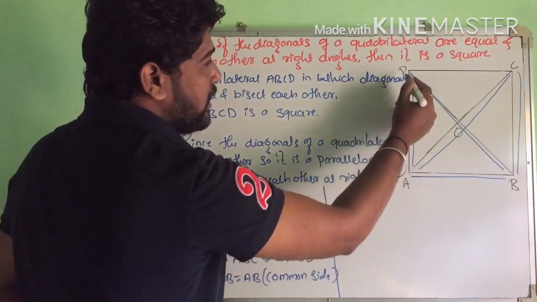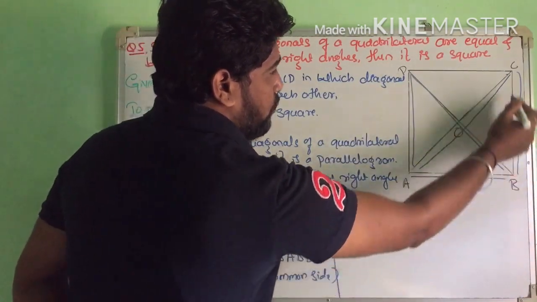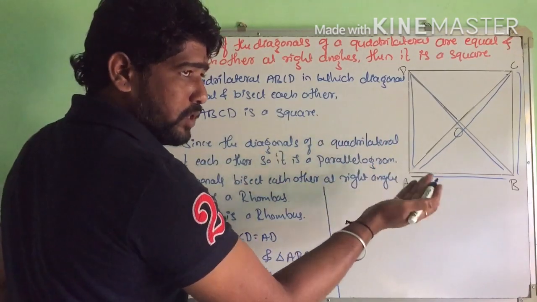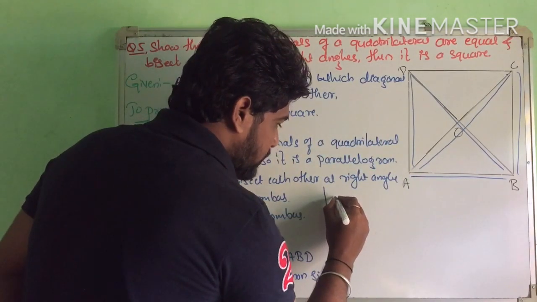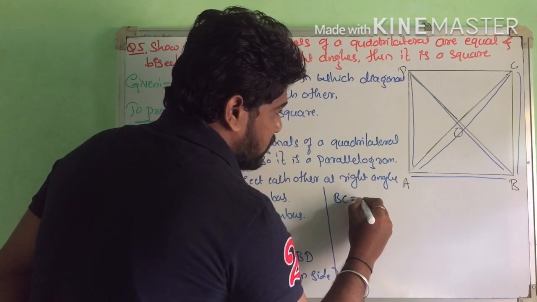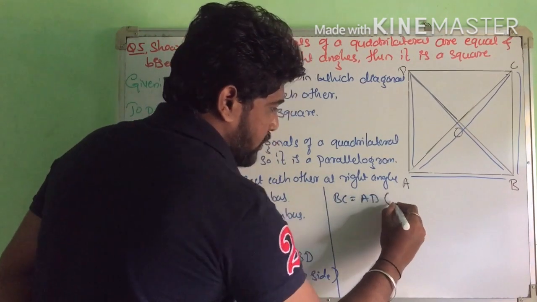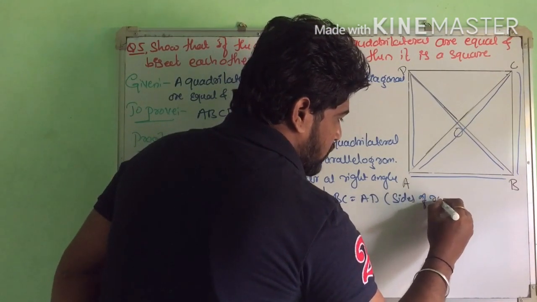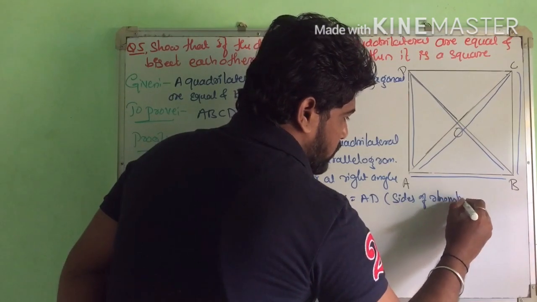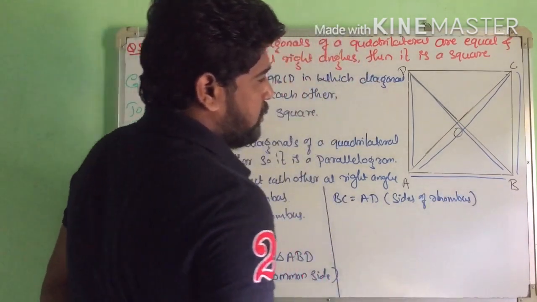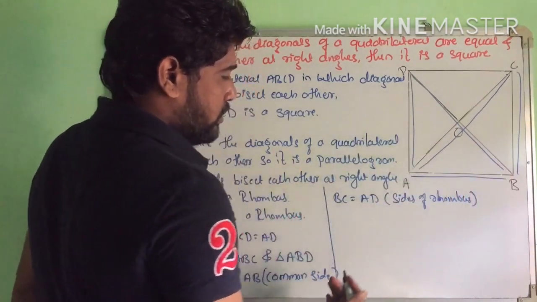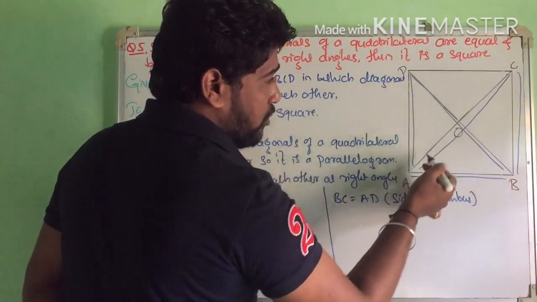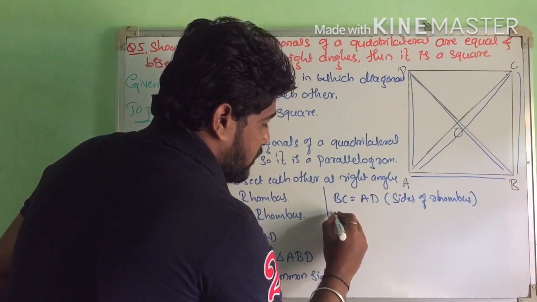And now AD is equal to BC because in a rhombus all sides are equal, or in a parallelogram opposite sides are equal, right? So BC is equal to AD, sides of rhombus, so opposite sides are equal. And here the diagonals are equal, they only given.